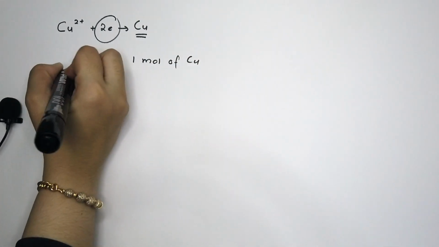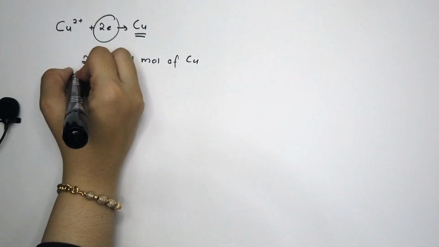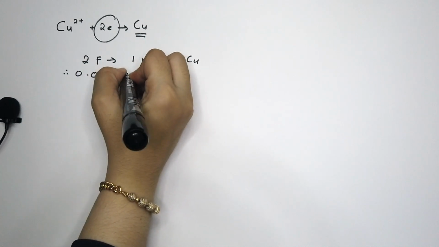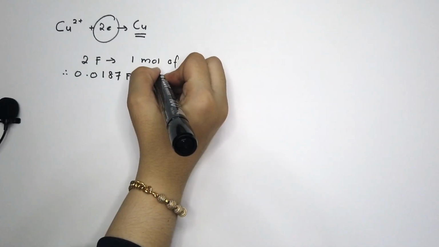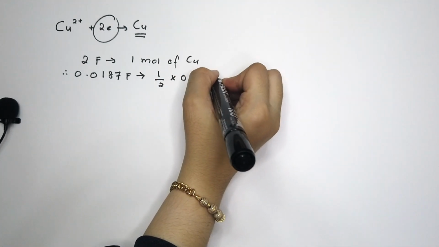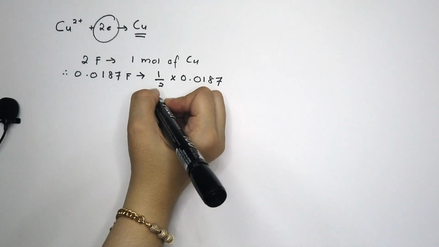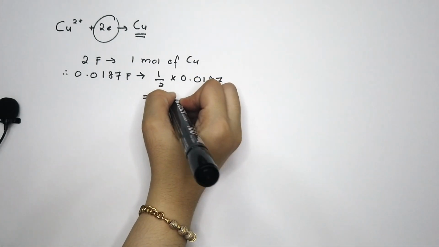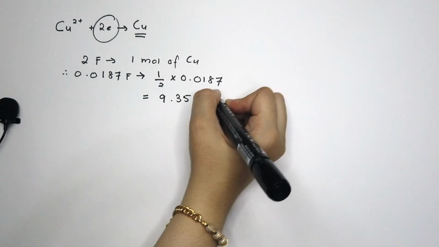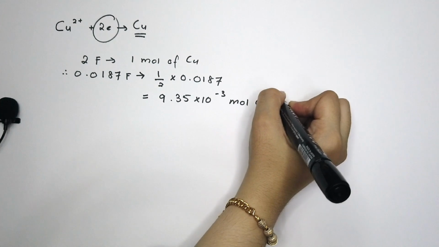And then because we have this 0.0187 Faraday, so we shall have 1/2 times 0.0187, which is equivalent to 9.35 times 10 to the power of -3 mole of copper.